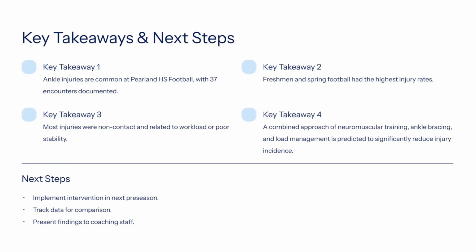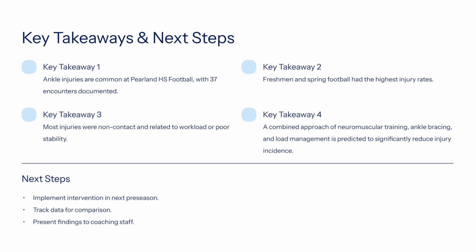Some key takeaways that I got from doing this data analysis. The first one was that ankle injuries are common at Pearland High School, with 37 encounters documented. The second one was that freshmen in spring football had the highest injury rate.